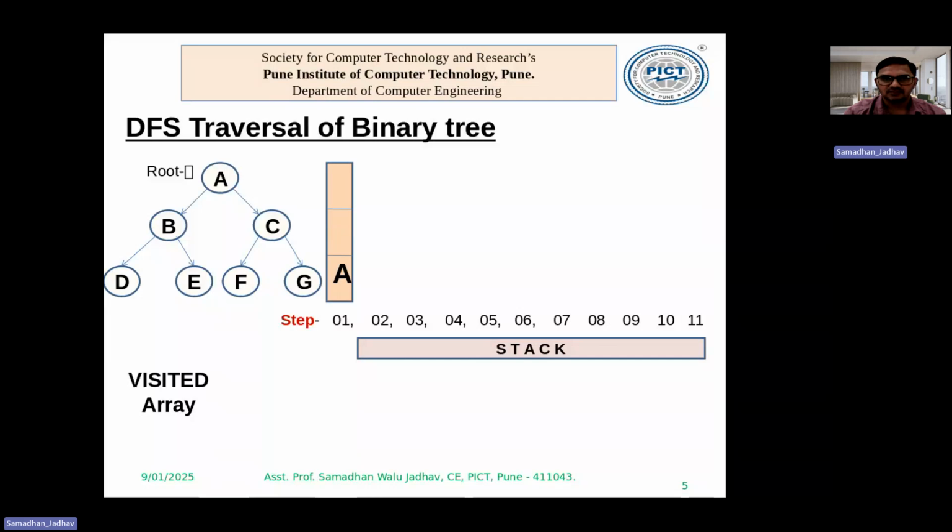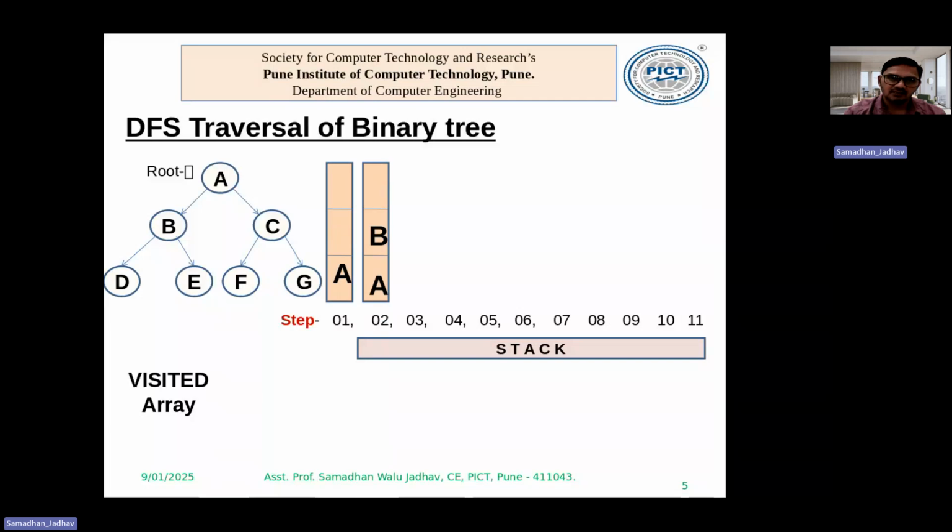Now, as per the algorithm, check whether the node on top of the stack has any unvisited child. So A, which is on top of the stack, has unvisited children B and C. We choose any one, that is B. So push B onto the stack as well as copy B into the visited array. Now check whether the node on top of the stack, that is B, has any unvisited child.